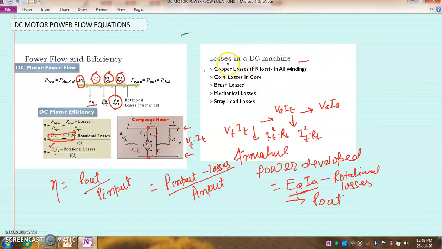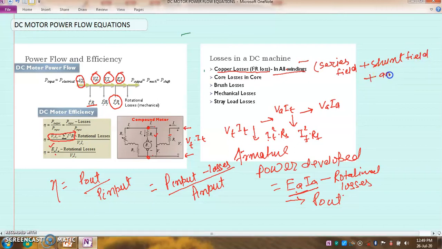How many types of losses are there? Copper losses, that is called I square R loss in all the windings. All the windings means series field winding, shunt field winding and armature winding. So these three are the losses, occurring in the series field plus shunt field plus armature.